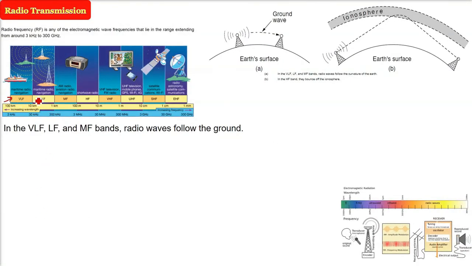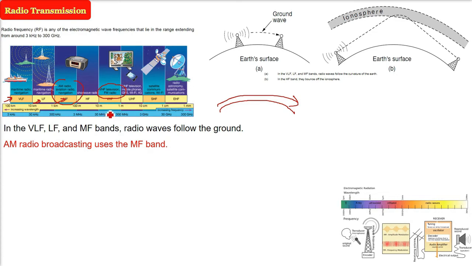In the VLF, LF and MF bands, the radio waves follow the ground. That is, they take the path or shape of the ground. This is how they travel, near the ground. For example, as you see in the picture, AM radio, amplitude modulation, uses the MF band. FM radio uses the VHF band.